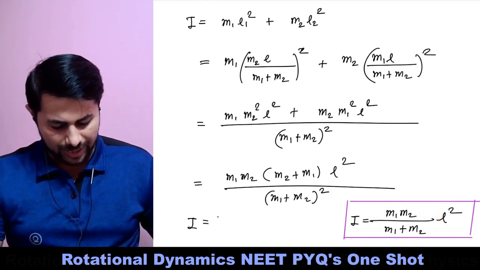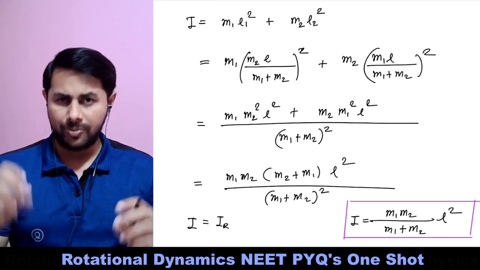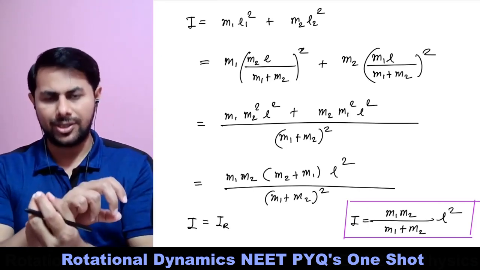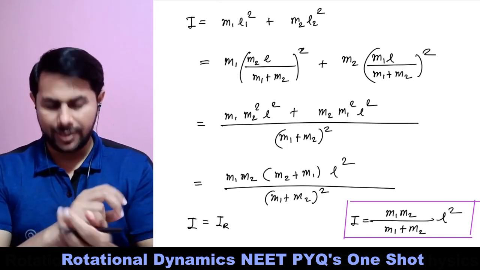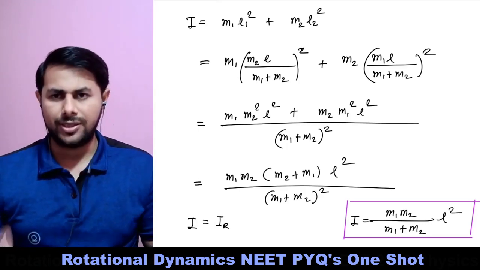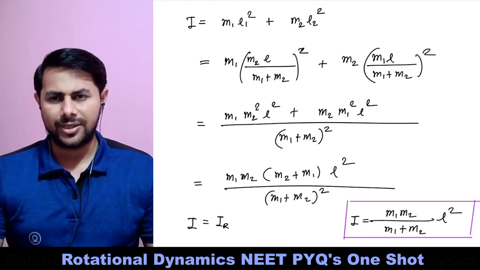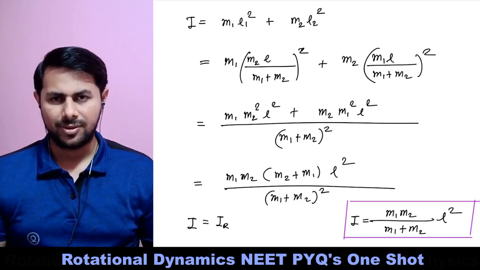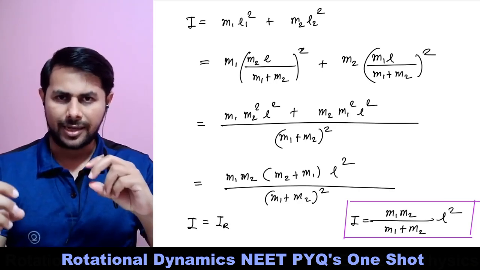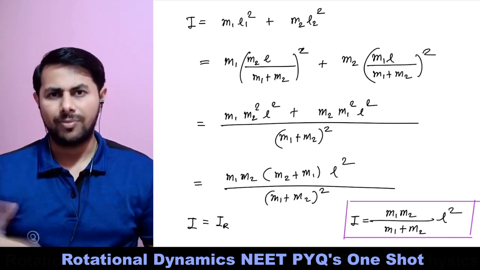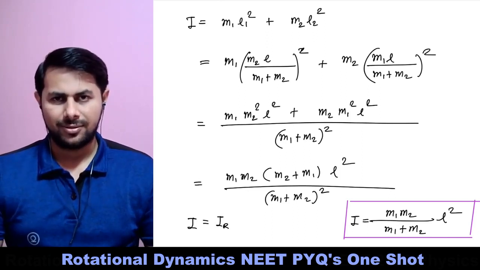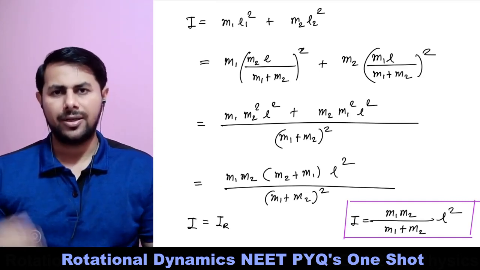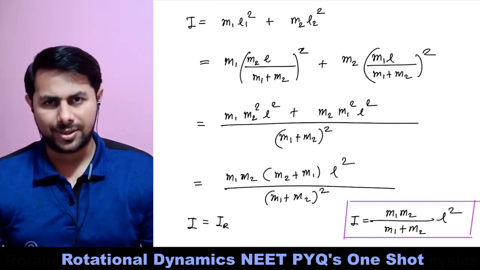So you get this formula I is equal to this. So if you have two masses rotating about each other, we have seen systems like this. For example, a double star system. We talked about the double star system. Both of the masses actually revolve around a common center of mass. So for that system, you can say how much would be its kinetic energy.